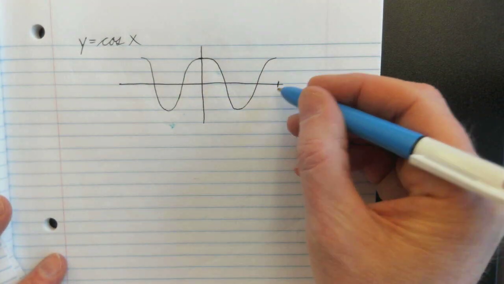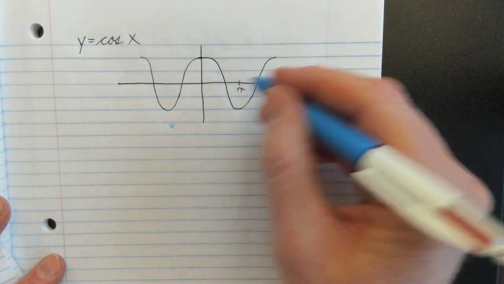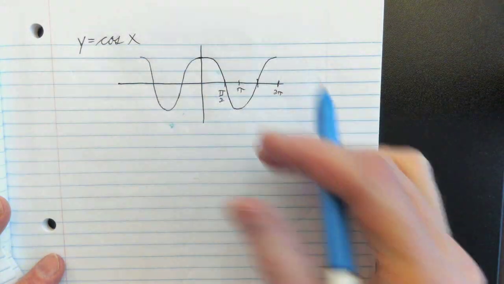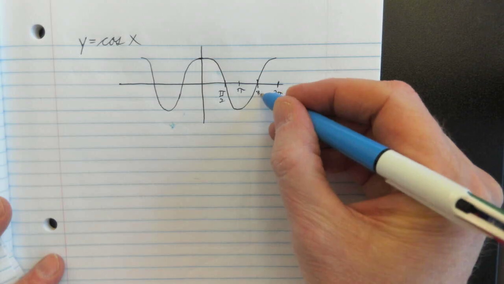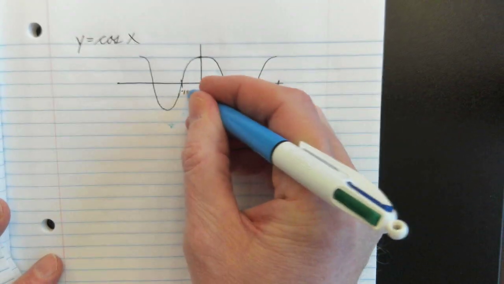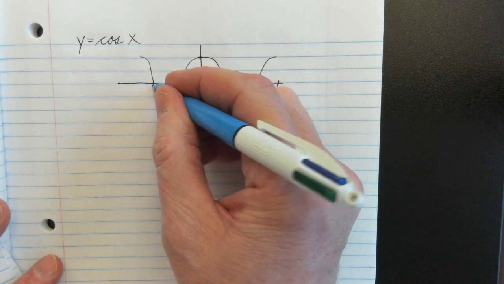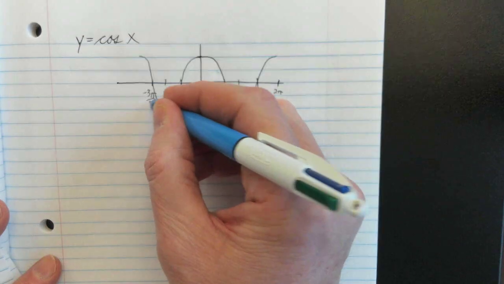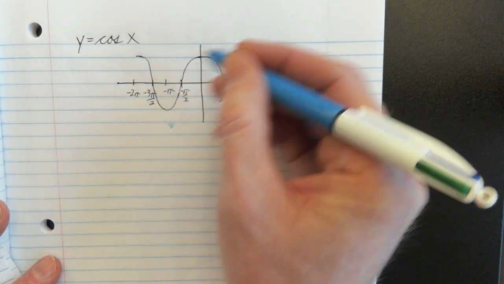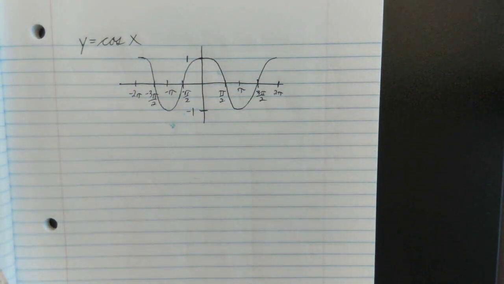All right, now let's get her scaled. 2 pi, pi over 2. When I split up the period into 4 parts, that's what I'm getting. And negative pi over 2, negative pi, negative 3 pi over 2, and negative 2 pi. This is 1, and this is negative 1. Okay.